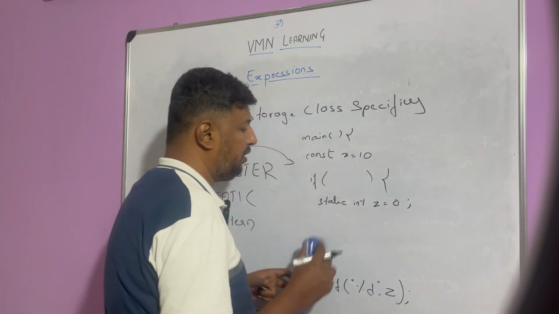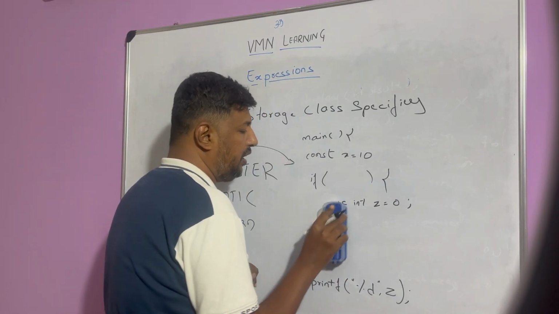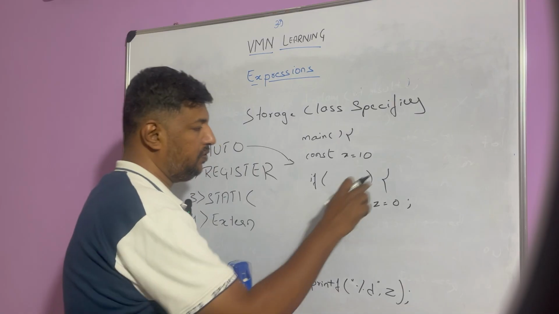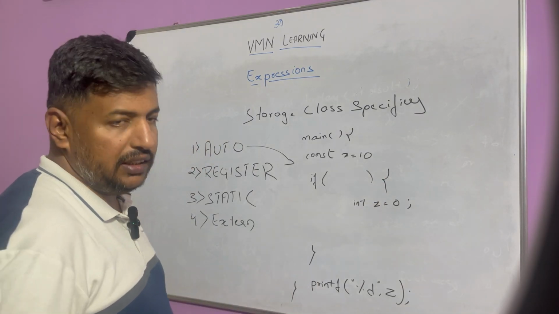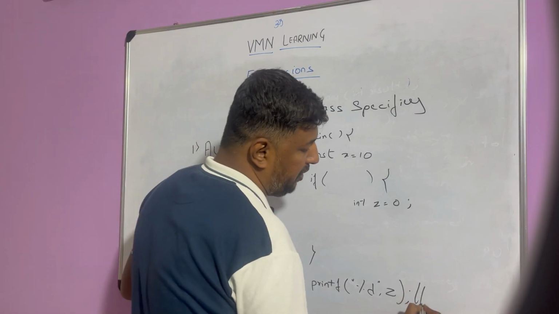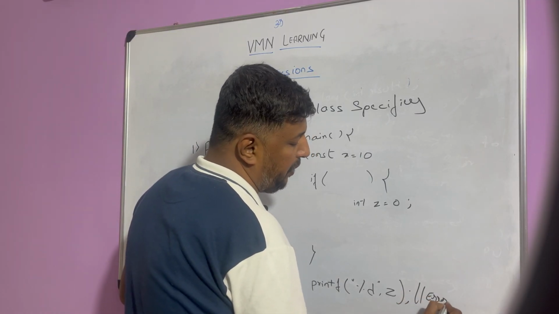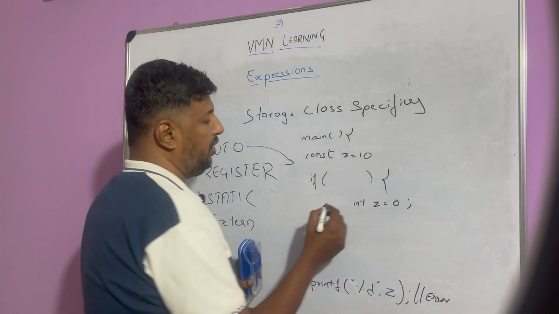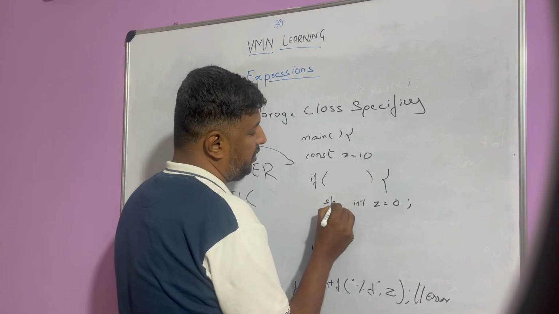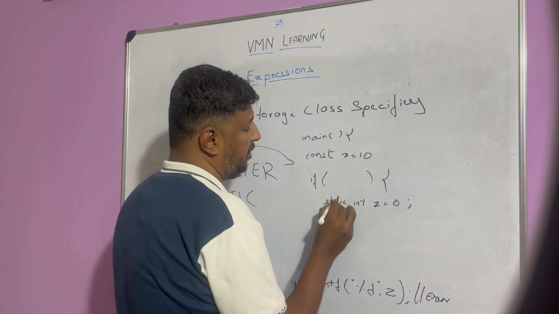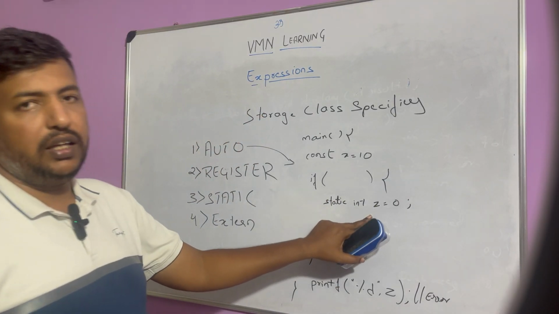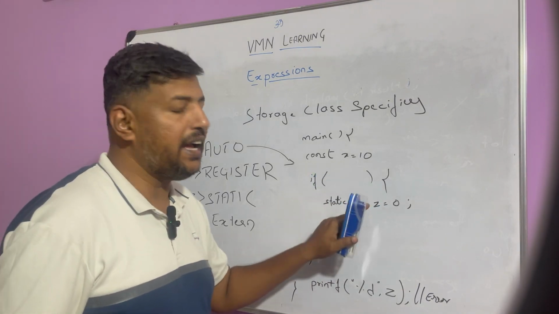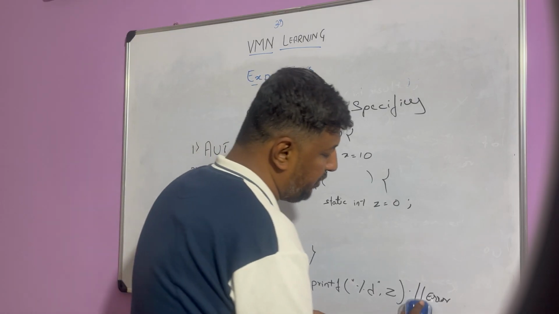Let's remove the static for now. If I do like this, it will give an error from the compiler, because this is not defined. Now if I do static, okay, now this value will be remembered and we can easily print it out here.